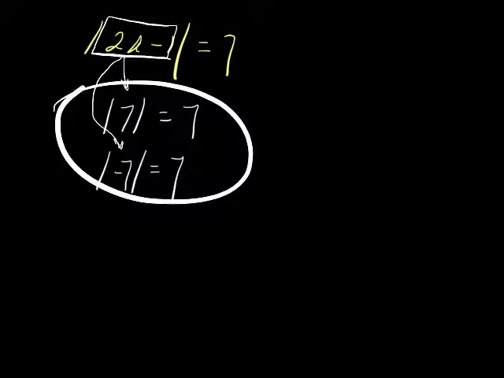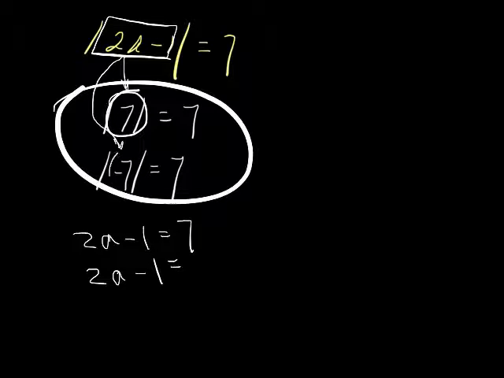Well, that being the case, 2a minus 1 equals 7, which is what we have right here, or 2a minus 1 equals negative 7. Because then when we take the absolute value of it, we get our 7. That's the stuff that gets kind of confusing: wait a minute, why is 2a minus 1 equal to 7 or negative 7?